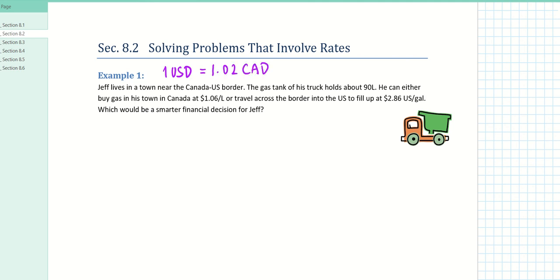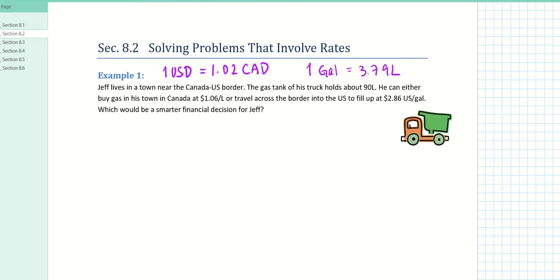And that's probably not the current rate, but that's what I had in my solution already. And of course, we also need to convert gallons to liters. So we're going to say that 1 gallon is equal to 3.79 liters. So those are two conversions that we need in order to do this question.